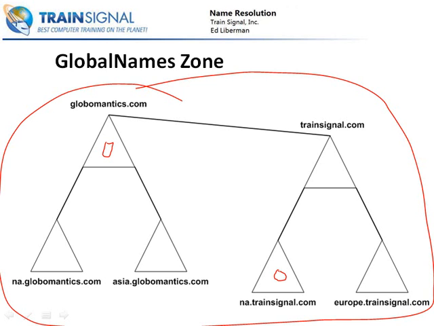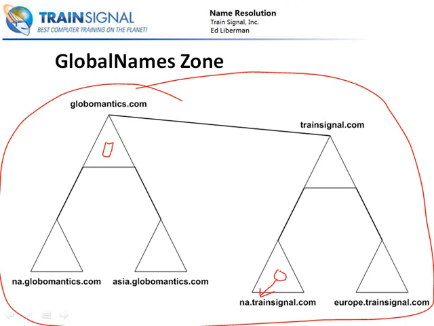Well, what's going to happen by default is this particular client is going to be configured to look to its primary DNS suffix, na.trainsignal.com, and append that to the name because that's the domain that it's a member of. So this client is going to attempt to look up server1.na.trainsignal.com. It's not going to get a result, though, because there is no server 1 in that particular domain.